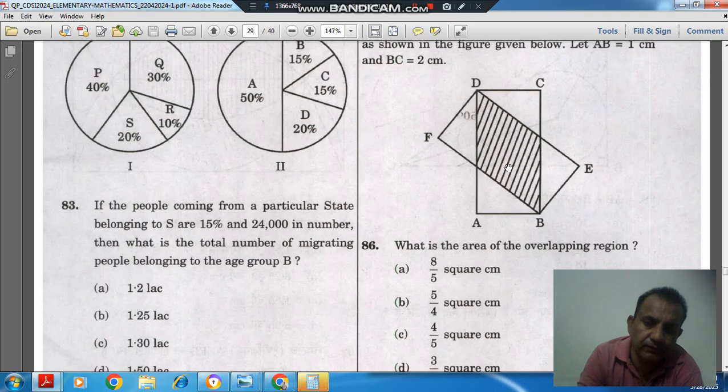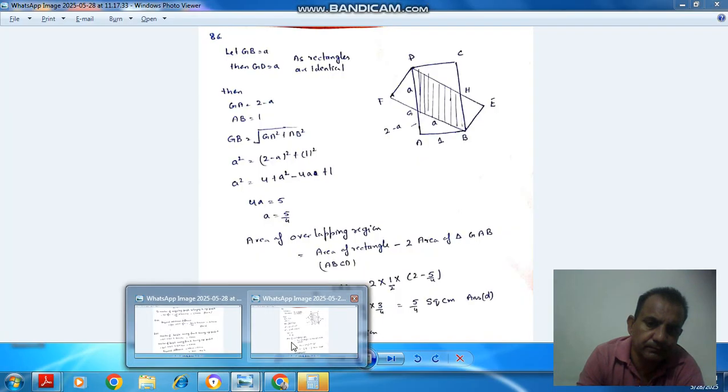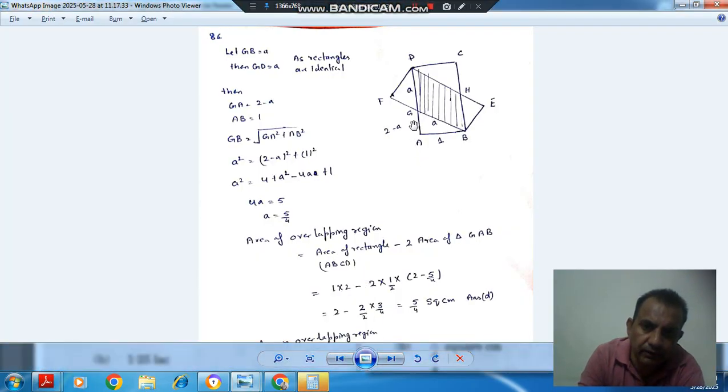So this is the figure given, and AB is given as 1 centimeter, BC is given as 2 centimeters. If we assume GB is equal to A, then GD will also be equal to A, because these are two identical rectangles, and this is the intersecting point of AD and FB.